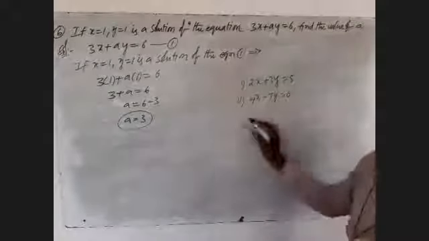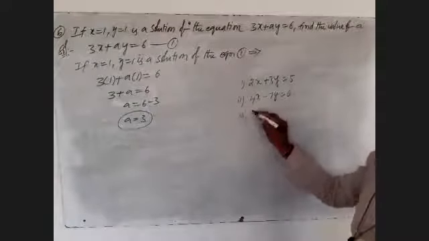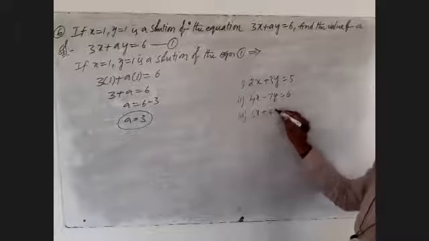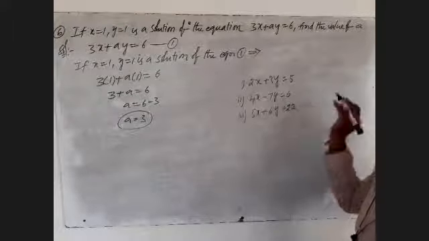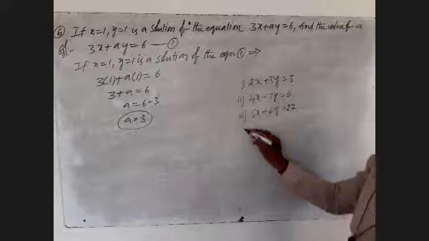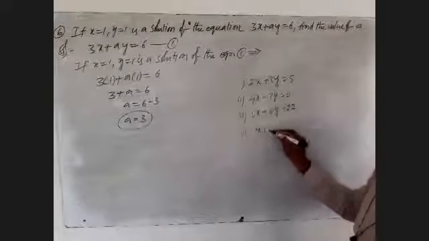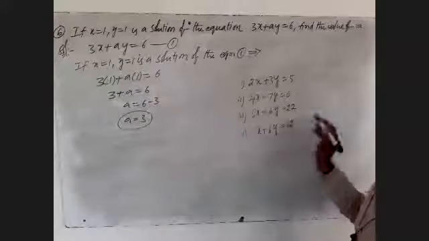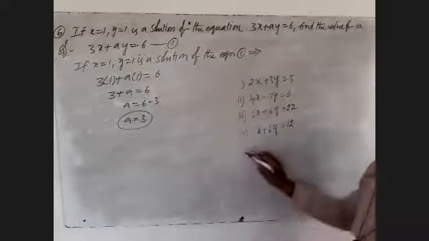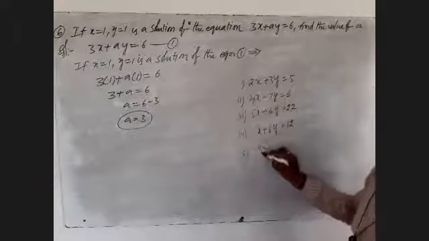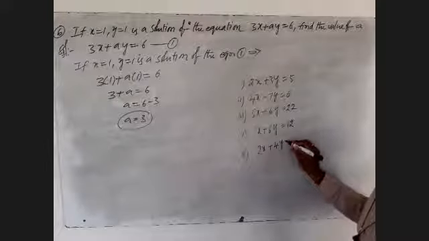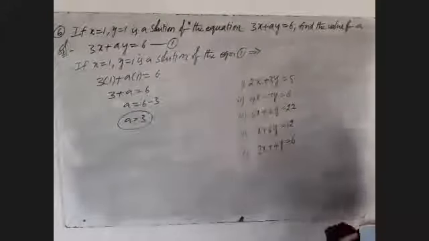This is another linear equation. After that we'll take 5x plus 6y is equal to 22. This is one linear equation. I will take one more equation, x plus 6y is equal to 12. This is another linear equation. After that we'll take the last one, 2x plus 4y is equal to 6. This is one linear equation.